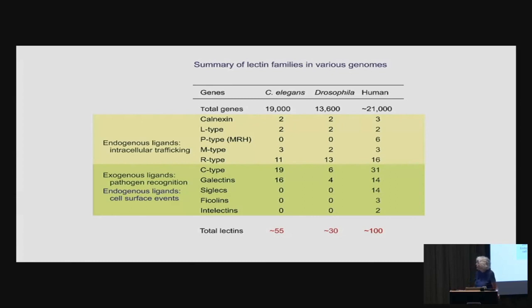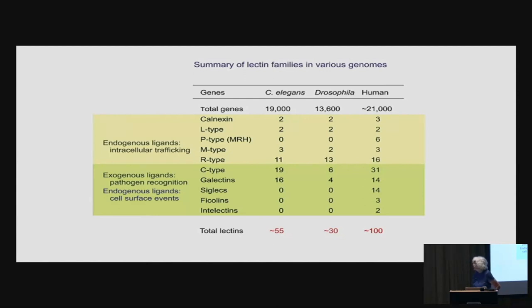But some of the later ones that are doing cell adhesion, cell signaling, are not found in these lower organisms. C-type lectins are found in C. elegans and Drosophila, but what's interesting is that these are different C-type lectins to the ones that are found in mammals. There are no orthologs between C. elegans, Drosophila, and humans.